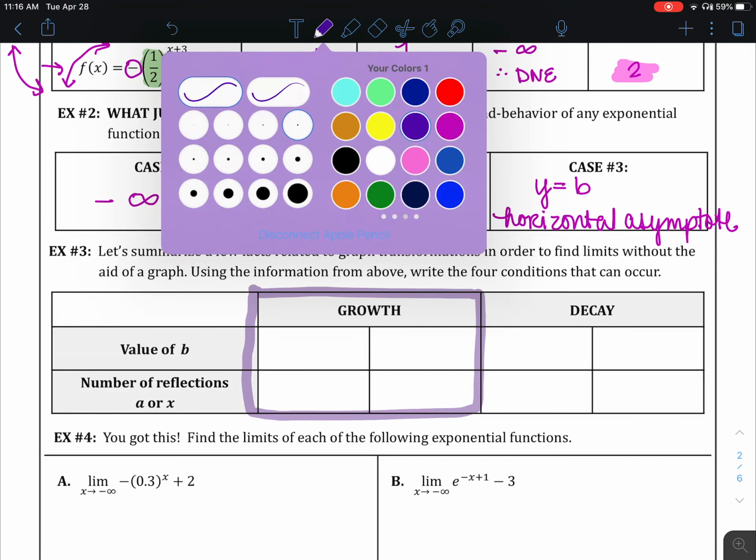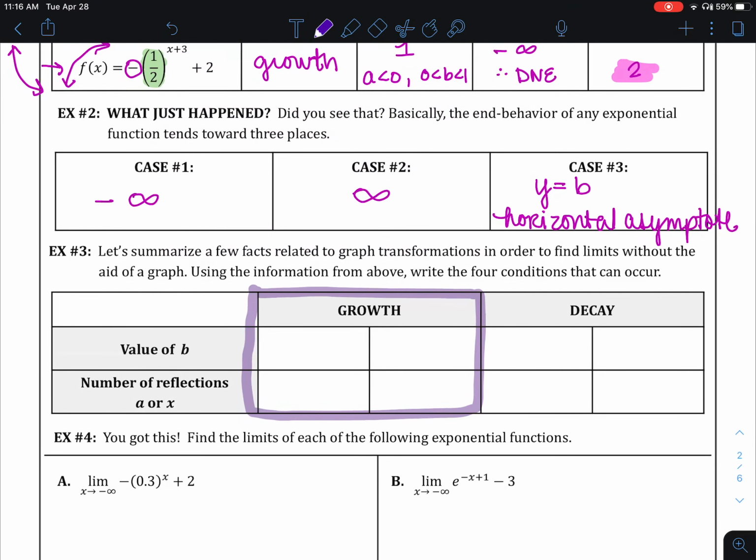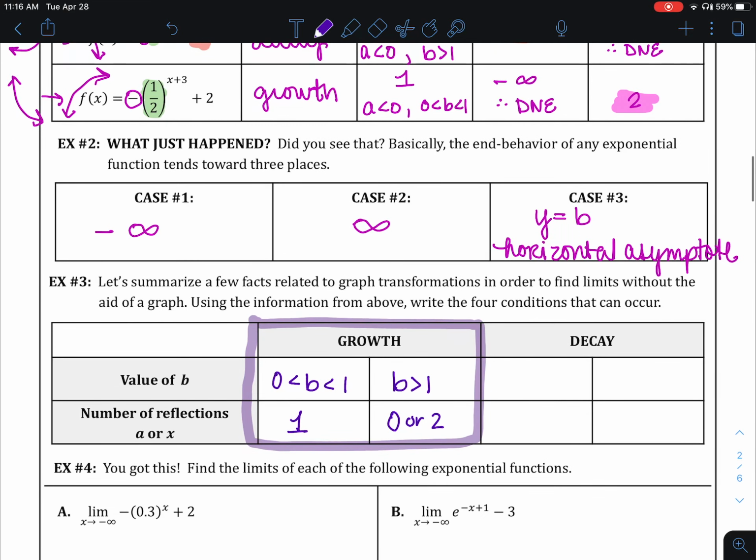If it is growth, we could have growth if we have our B value less than 1 and 1 reflection. We also could have growth if we have our B greater than 1 and we have 0 or 2 reflections. Because if you reflect it twice, if there's 2 negatives, like the negative with the X term out front, then it goes back to being growth. And then the second one would be decay.